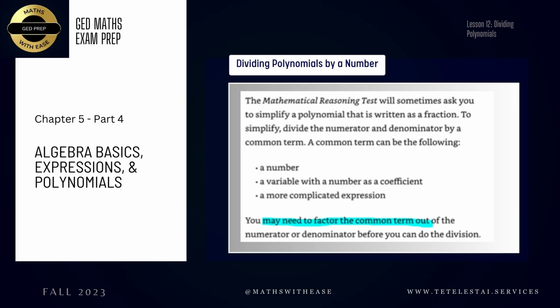It can be a number, it can be a variable with the number as a coefficient, and it can be a more complicated expression. And again, this will make sense in the examples that follow. You may need to factor the common term out of the numerator or the denominator before you can do the division. And we'll see what that means shortly.